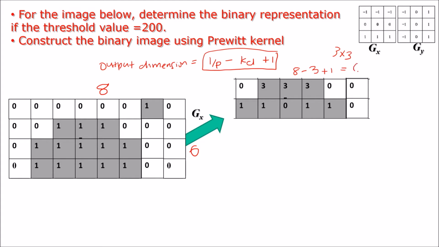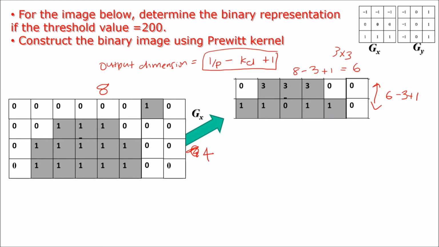So in this case, the width is equal to 6, and the height of the image is 6 minus the dimension of the kernel plus 1. Sorry, I think this is supposed to be 8 times 4.